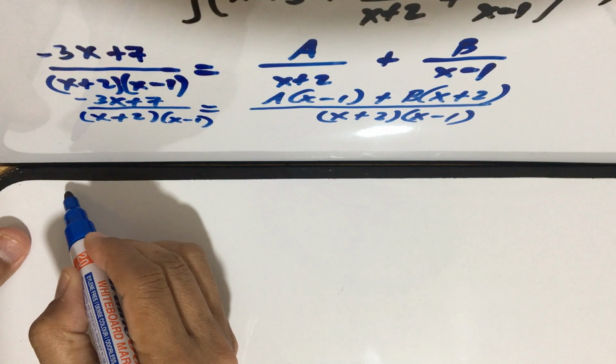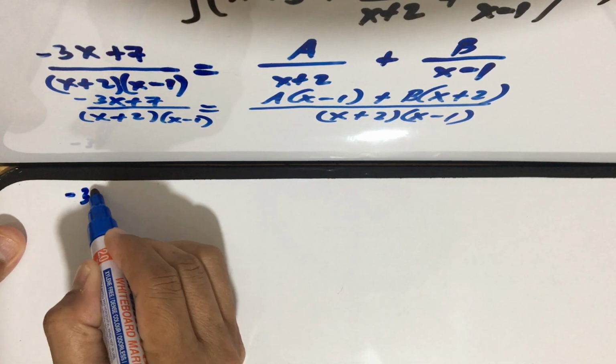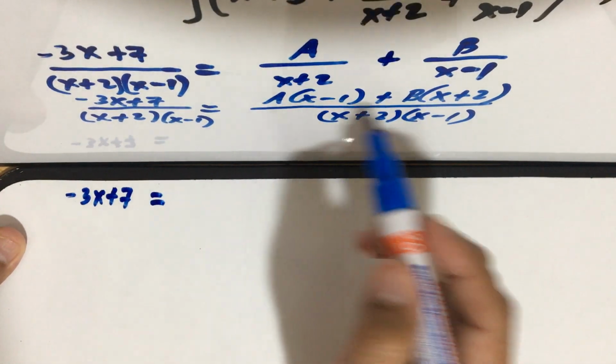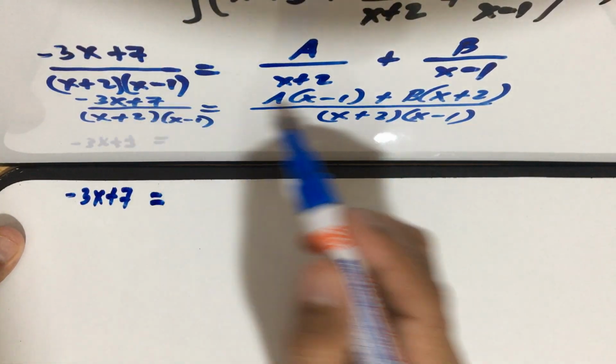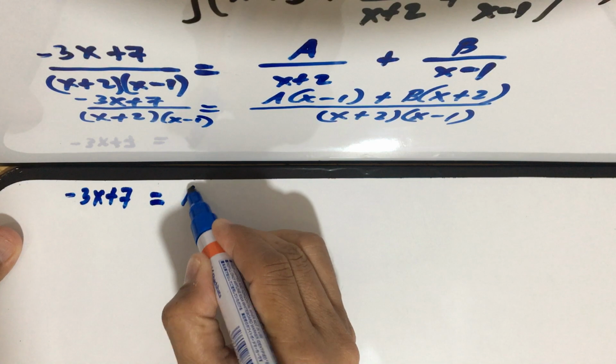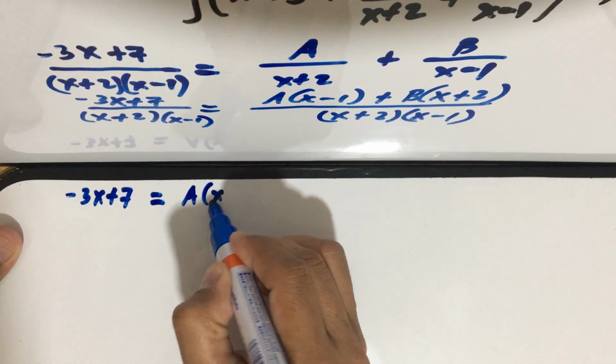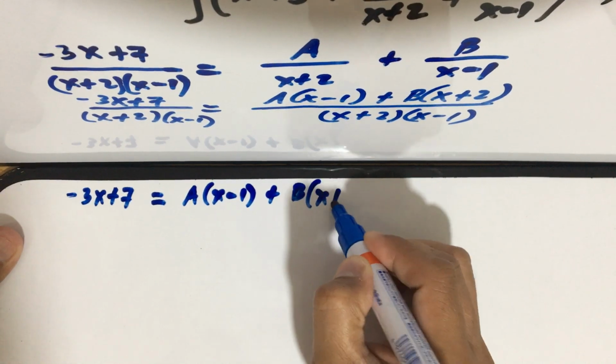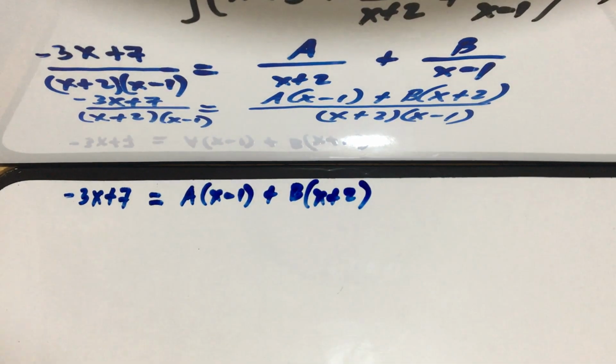So we can say that minus 3x plus 7 is equal to a times x minus 1 plus b times x plus 2. Okay?